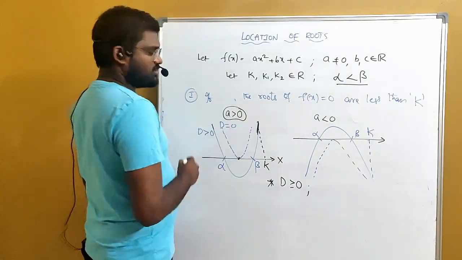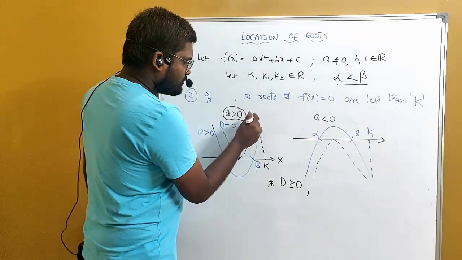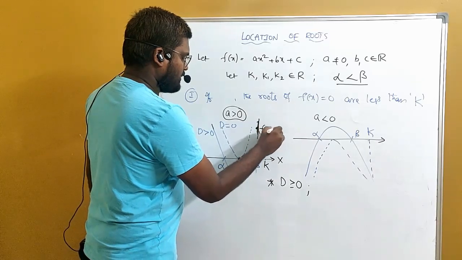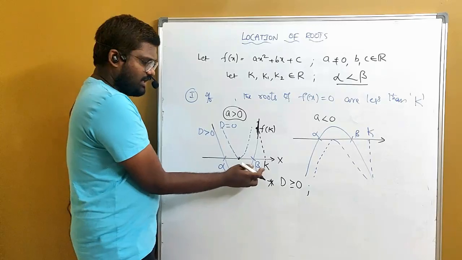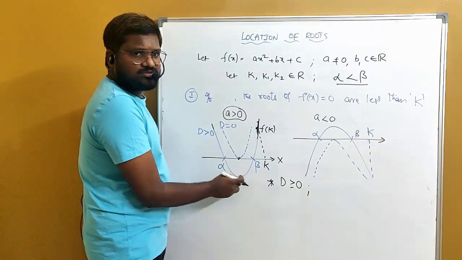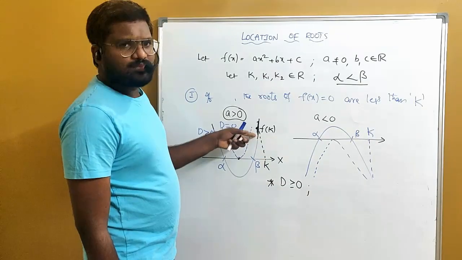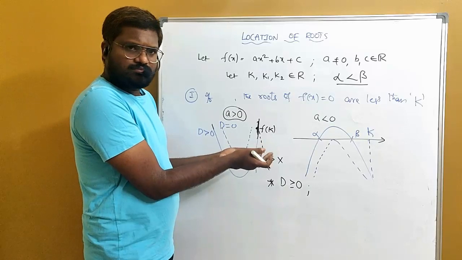Here a is positive. Always look at a. And here f of k is positive or negative? Positive, because this is the f of k value and this is above the x-axis, isn't it? Because when a is greater than 0 and k is greater than both the roots, definitely f of k will be positive. A is positive, f of k is positive, and their product also will be positive.